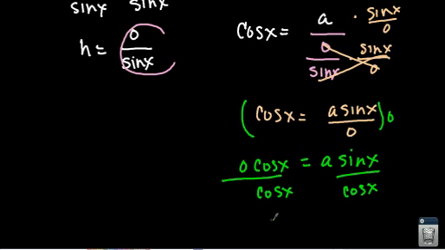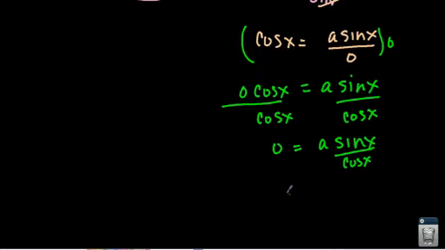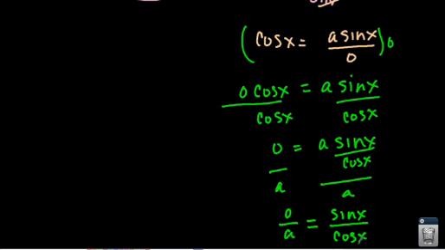So opposite equals adjacent times the sine of x divided by the cosine of x. And finally I'm going to divide both sides by a, or multiply both sides by 1 over a. So I end up with opposite divided by adjacent equals the sine of x divided by the cosine of x.